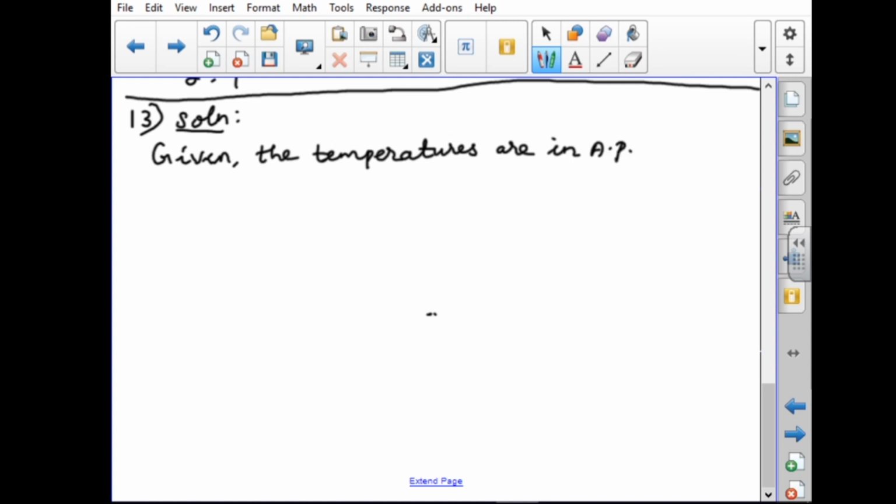They have given like this. The temperatures are in AP. Let the temperatures of, we have to calculate how many days? Monday to Friday.